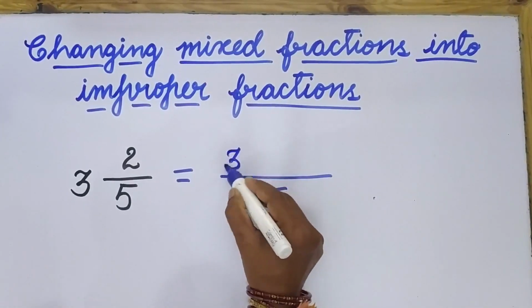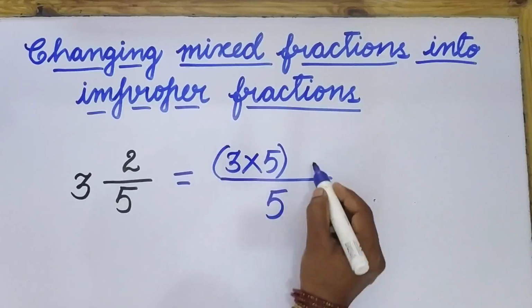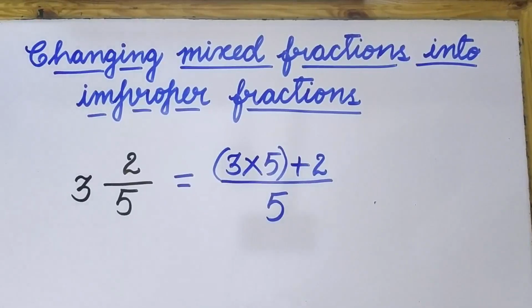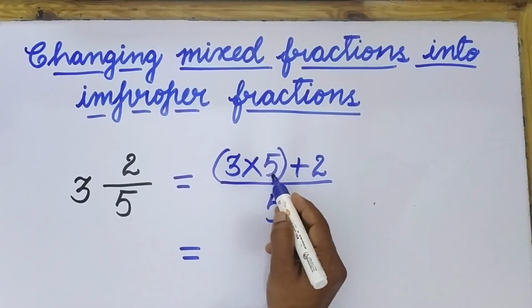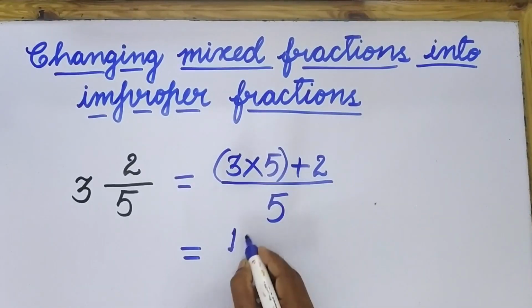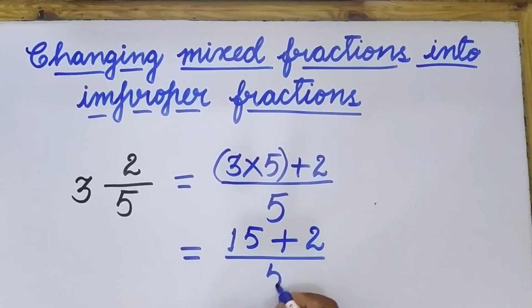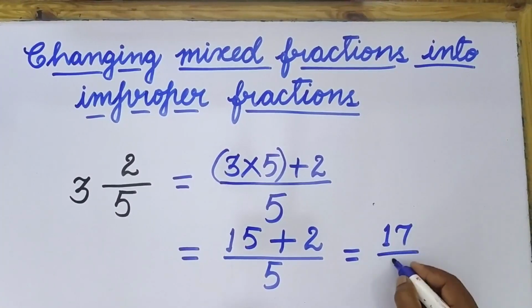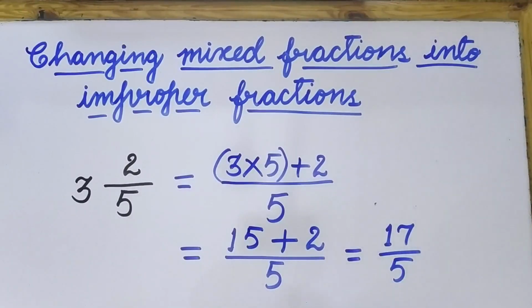Yes, 3. 3 should be multiplied with the denominator. Then afterwards we have to add the numerator. That's it. This is the way. So next, 3 multiplied by 5, 3 5s are 15, plus 2. Don't forget to write the denominator. Now add 15 plus 2, 17 by 5. This is the way to change mixed fraction to improper fraction.